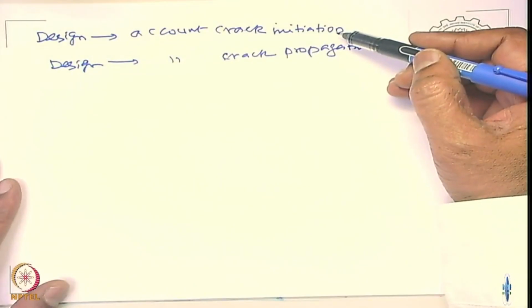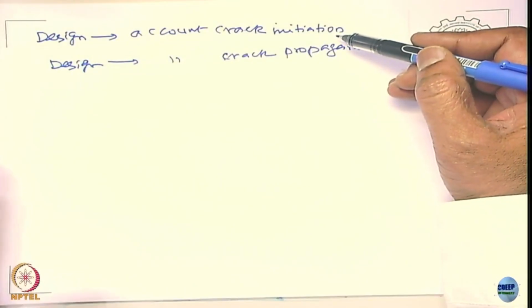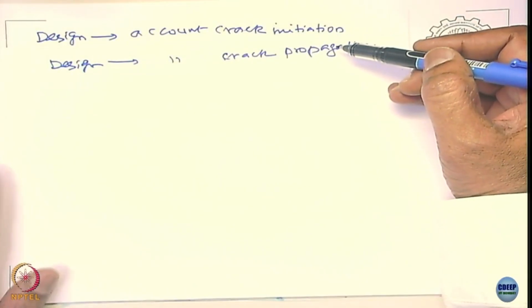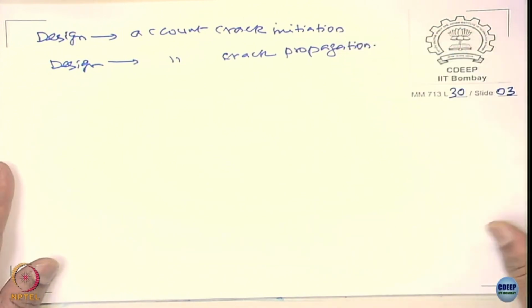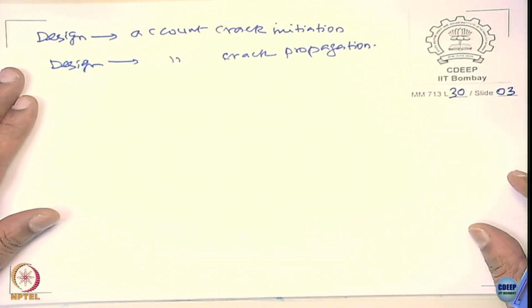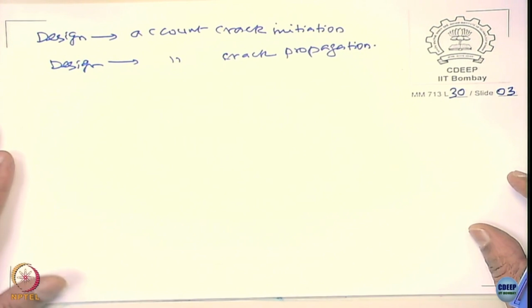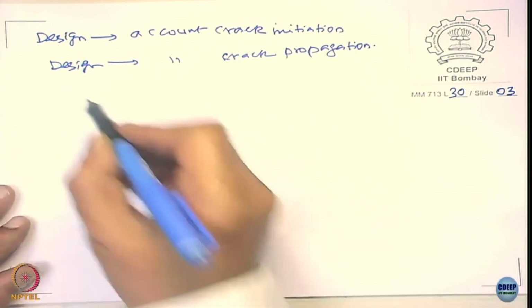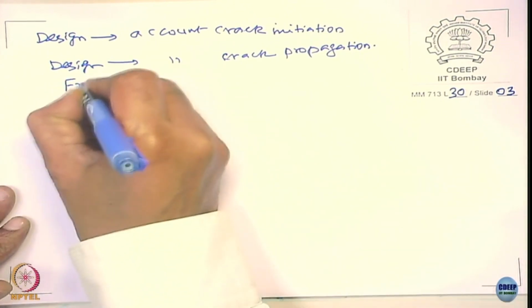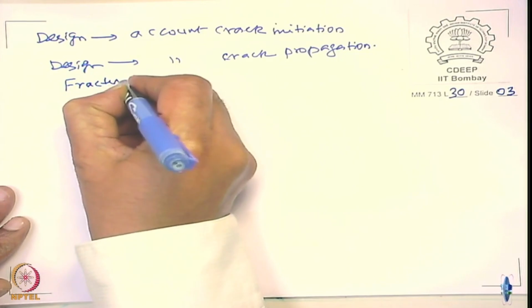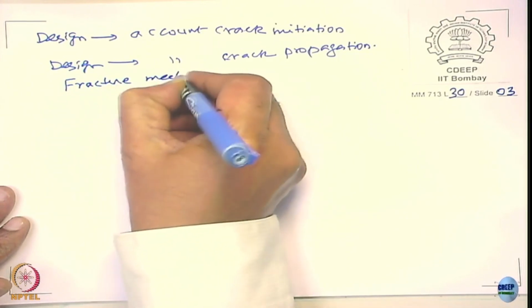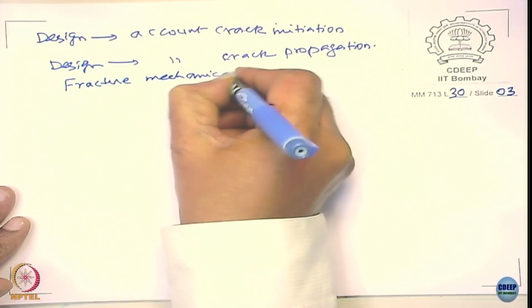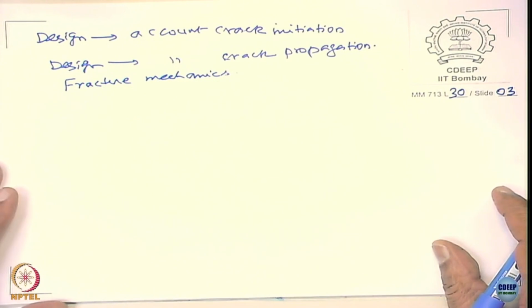So the design that takes care of crack initiation uses the threshold stress as a concept, right? But the designs which take care of crack propagation use fracture mechanics as a criterion for that, right? So that is what they use.